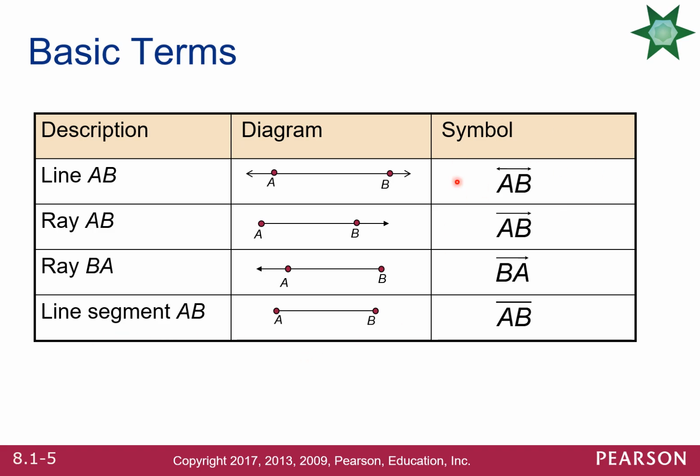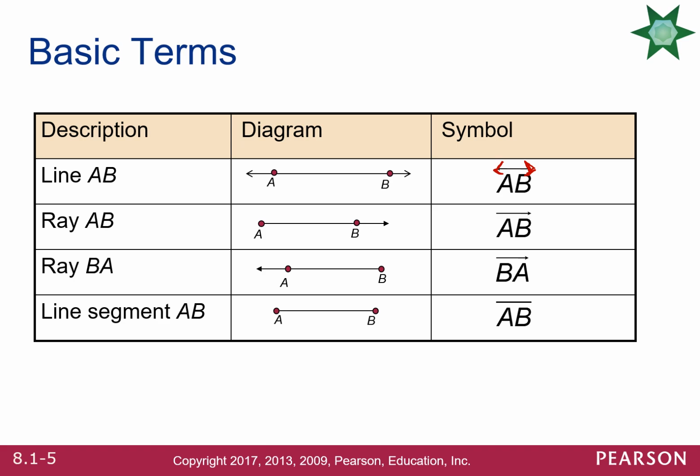So this is how we represent them symbolically. So we have AB, and over here this line actually has arrows over it. It's not too visible, but they have arrows at both ends. That's how we indicate a line AB. And then we have ray AB.